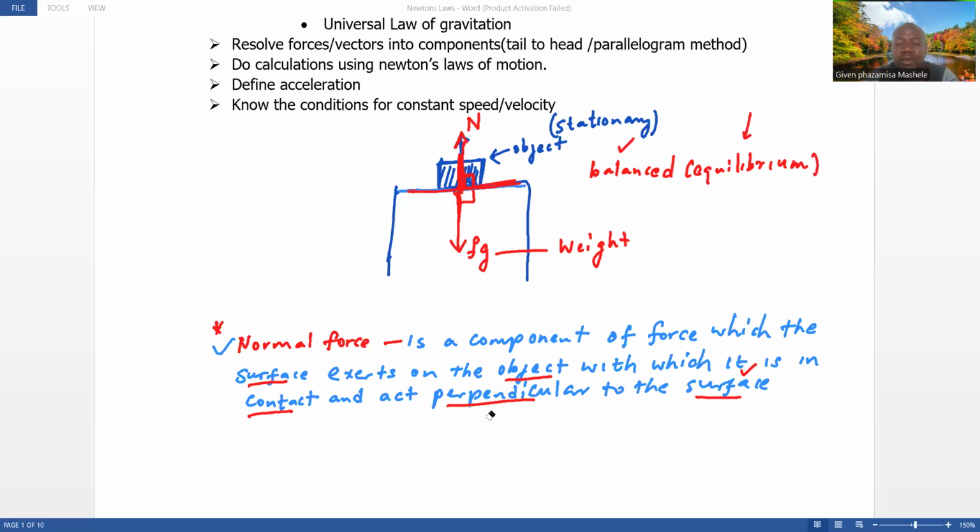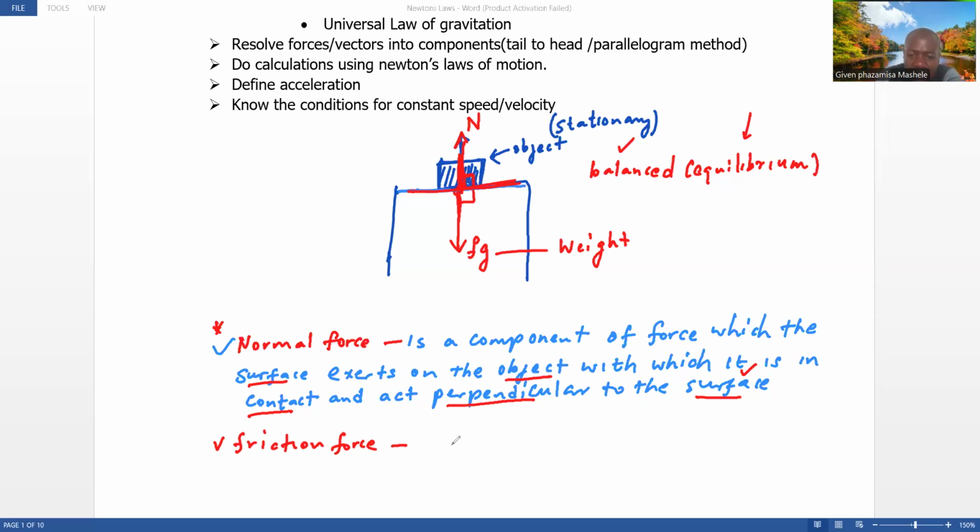So it's not that the mass should be in contact with the surface. Okay, now we know what a normal force is. Since I said one must know what a frictional force is and what a normal force is, let me explain what a frictional force is.